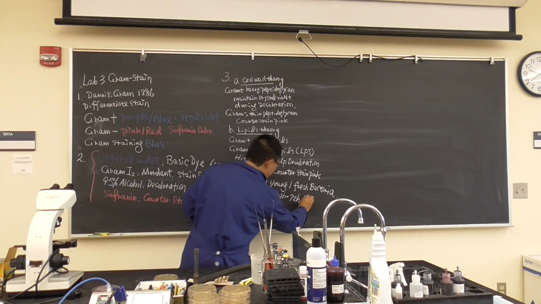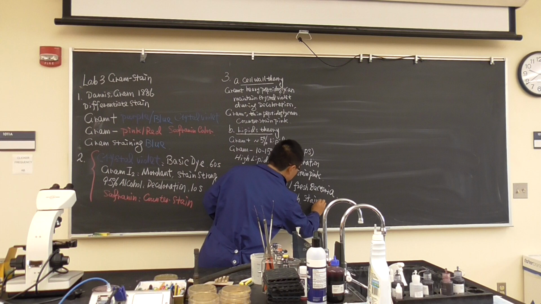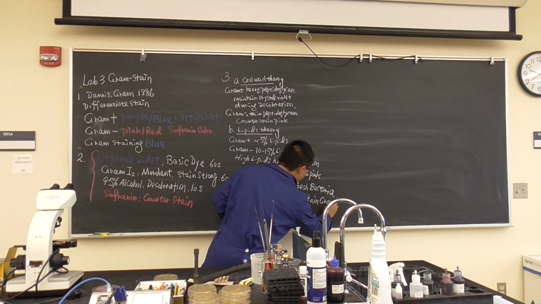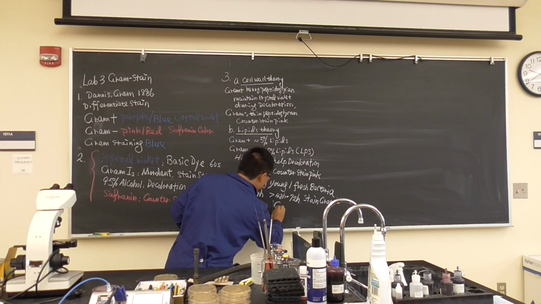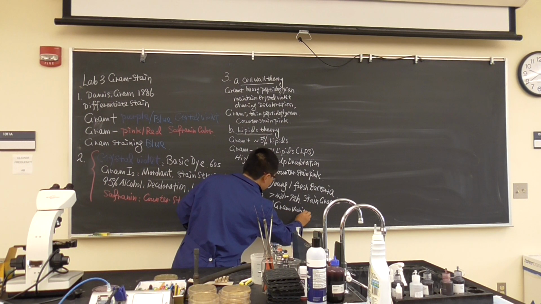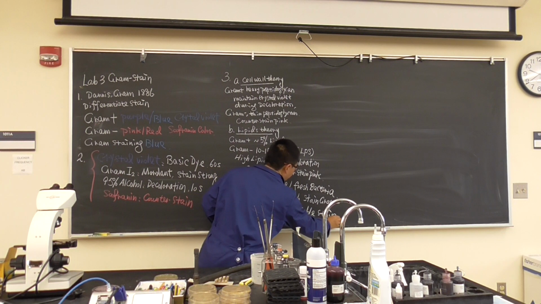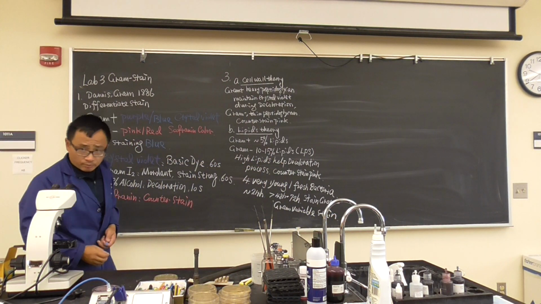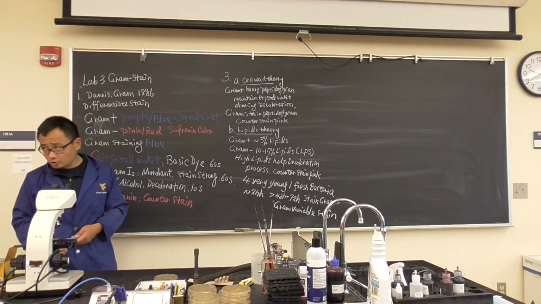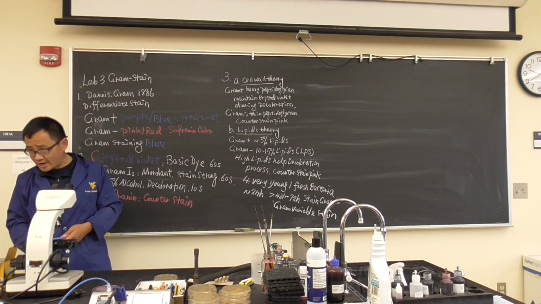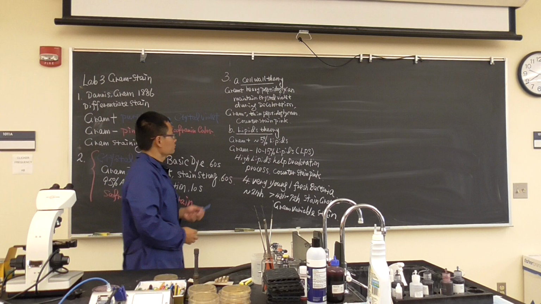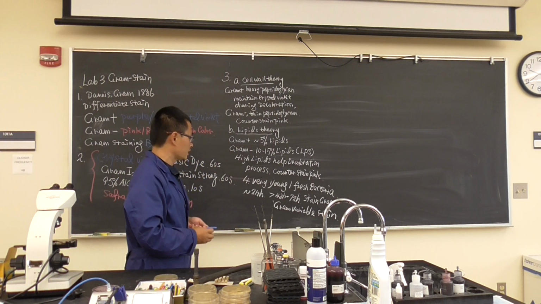It will all stain Gram-negative, and we call this a Gram-variable stain. The reason is that the major components in the cell wall have already started to break down. So that's the theory behind that.